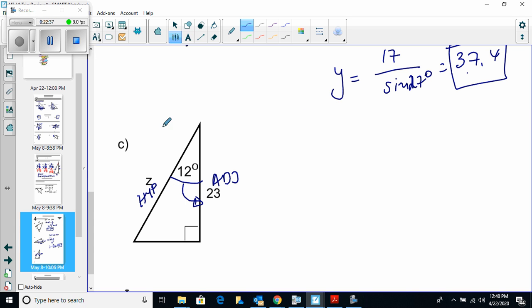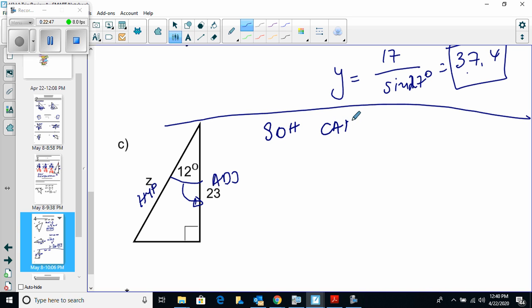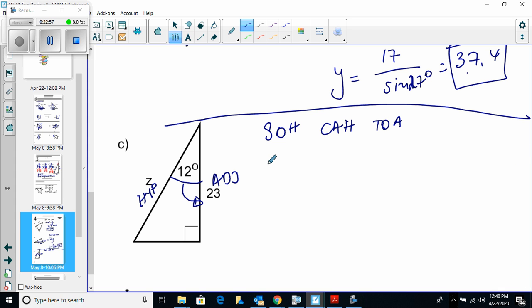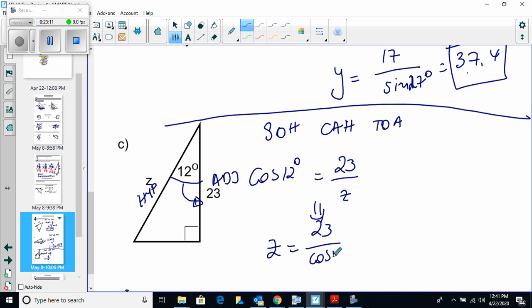So again, if you look at the ratios, SOH CAH TOA, the trig ratio that relates adjacent and hypotenuse is cosine. Then we will write cosine 12 degrees is equal to 23 over z. From here, solving it, z will be 23 over cosine 12 degrees.